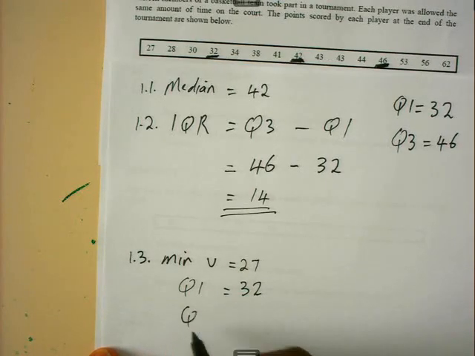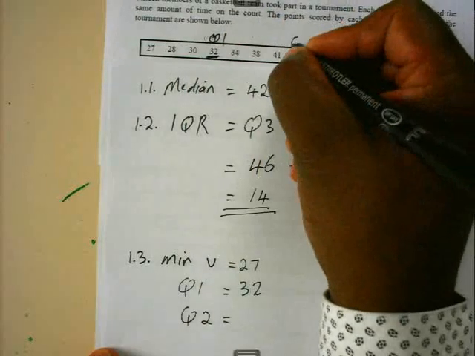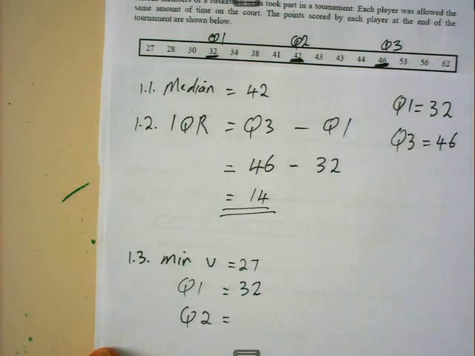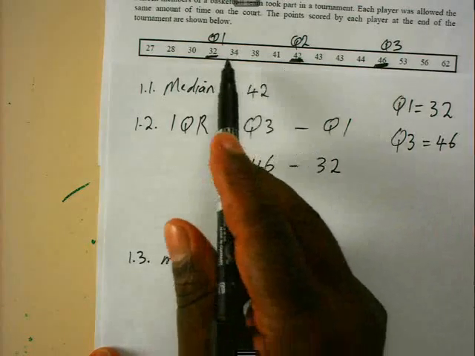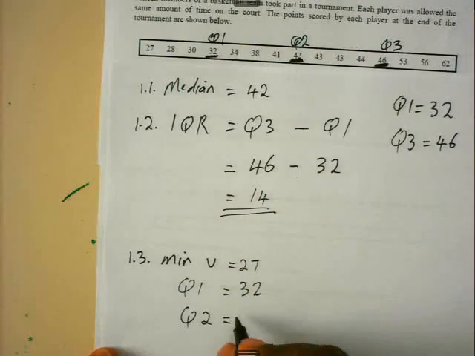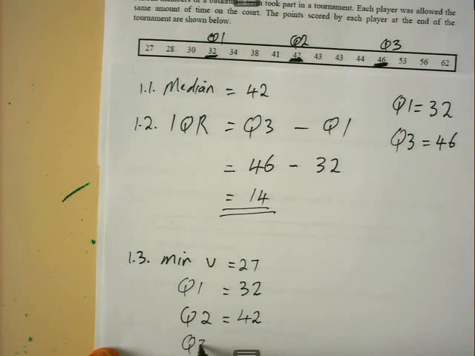Let's look at Q2, which we call the median. So check the data. This is Q1, Q2, Q3. Q1 is 32. Q2 is 42. And then Q3 is equal to 46.